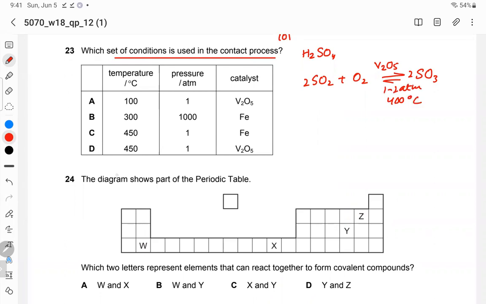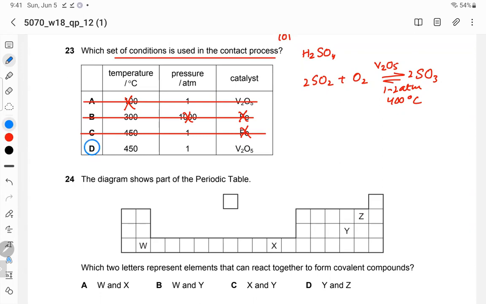So this makes C wrong because of Fe. Because of these two, B goes wrong. And because of this, A goes wrong. So D is our correct answer.